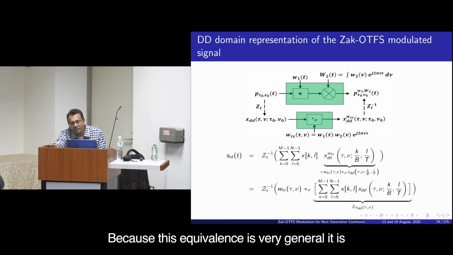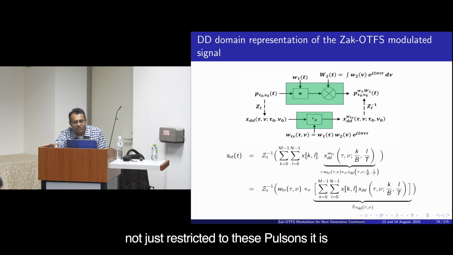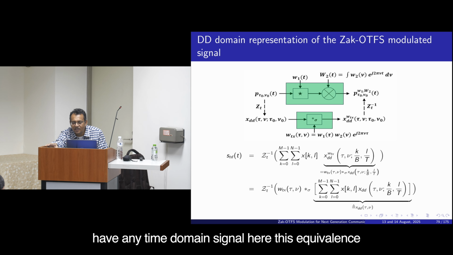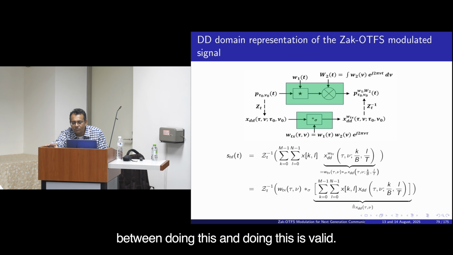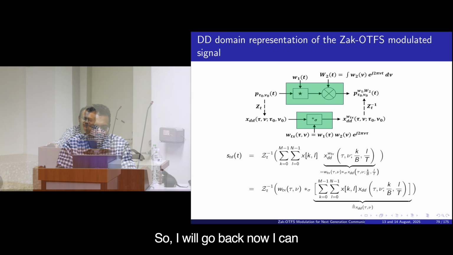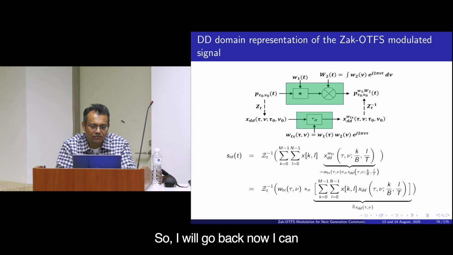Because this equivalence is very general, it is not just restricted to these pulsons. It is true for any time domain signal. You have any time domain signal here, this equivalence between doing this and doing this is valid. So, I will go back now.